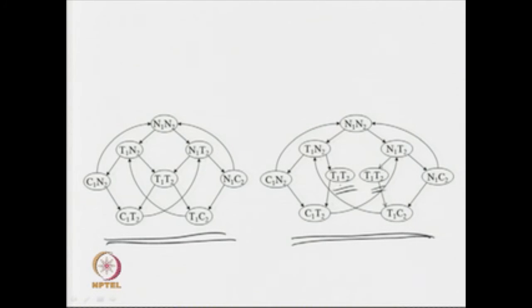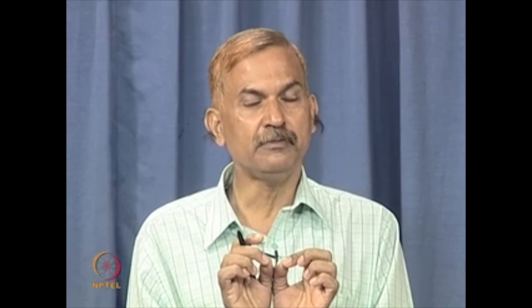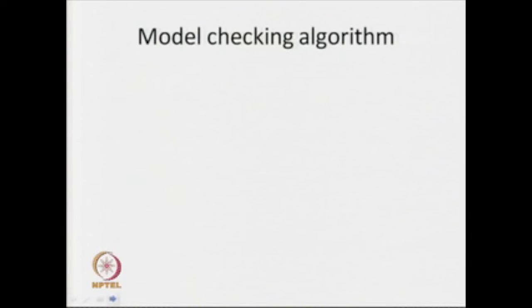Now, what do we need next? We have that model, and we have the CTL properties, we are representing our specification with the help of CTL properties. Now, we need a mechanism by which we are going to check whether those properties are true in this particular model or not. So, for that we are going to look for what is known as model checking.